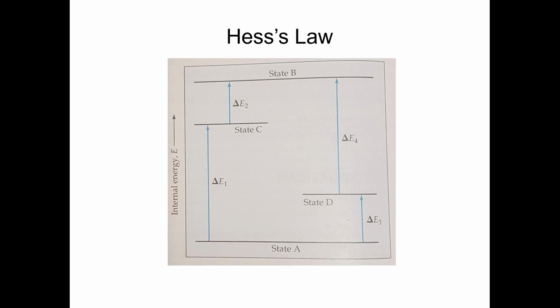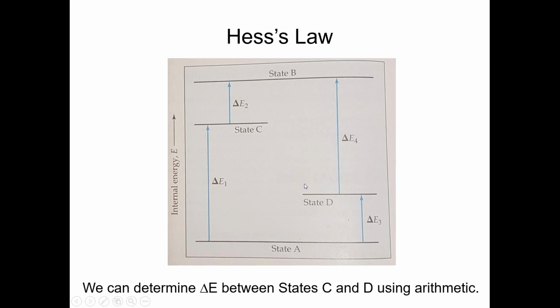If we were thinking about a series of different reactions, and each of these delta E's represented the enthalpy of some particular reaction, we could work out the enthalpy it would take to get from state C to state D without ever doing that reaction, because we could simply use the numbers we had determined from other reactions and do simple arithmetic to work out what the enthalpy of reaction would be in going from state C to state D. And so we can determine delta E between state C and state D using arithmetic.